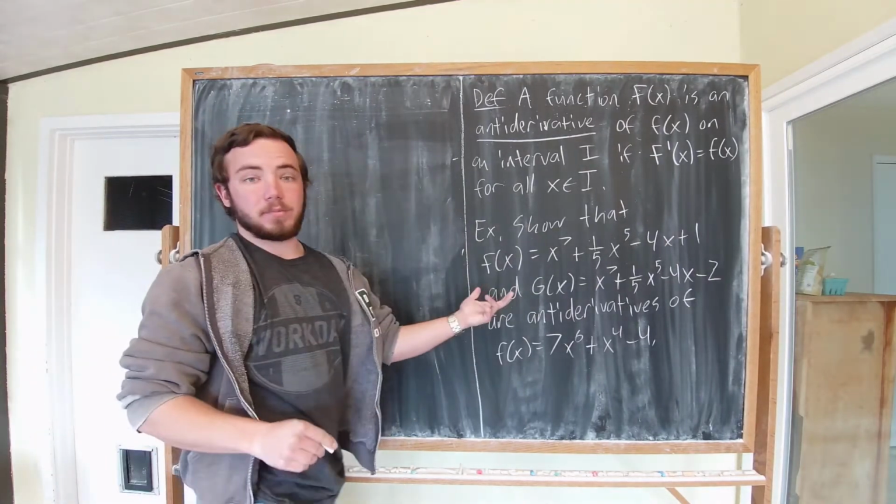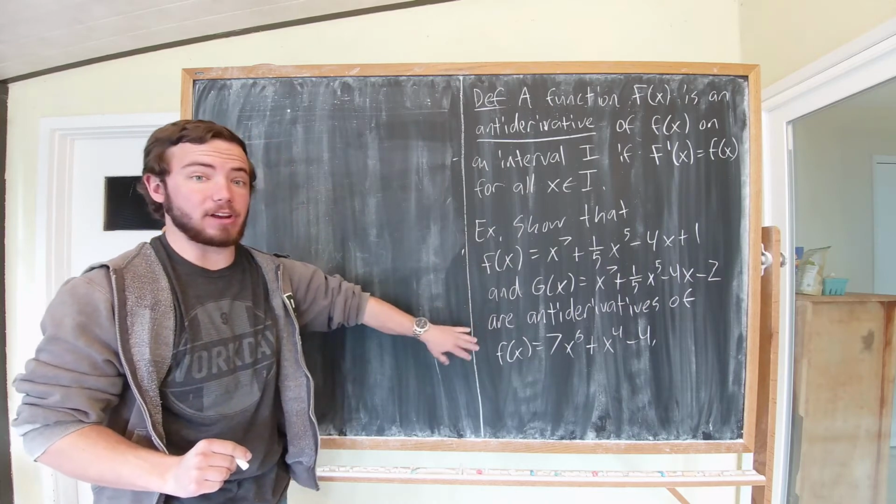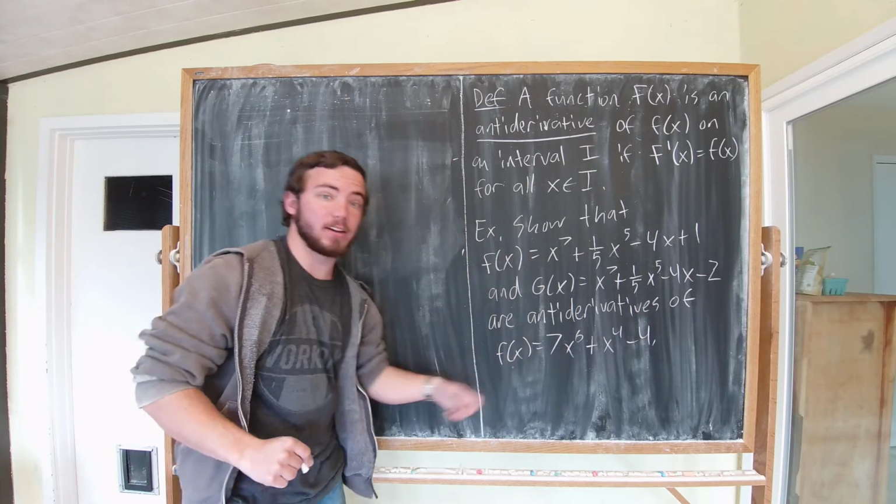Alright, so how do we show that functions are antiderivatives of another function? Well, let's take the derivative of those and see if we get back what we're going for.